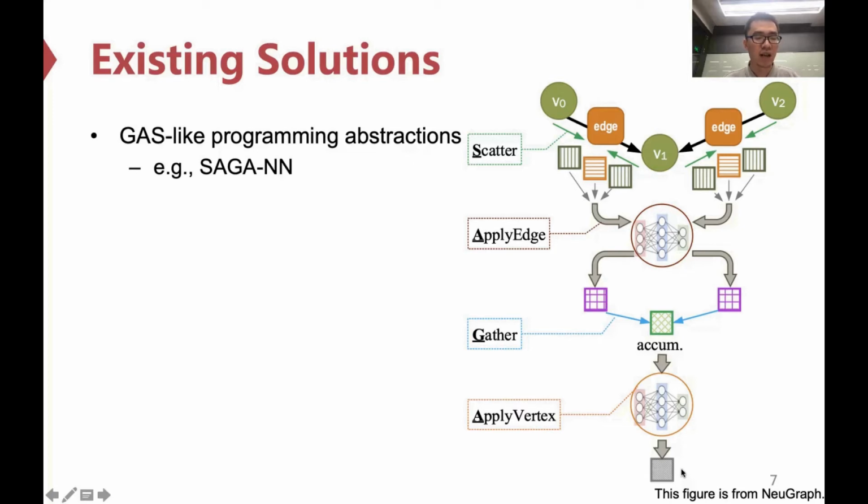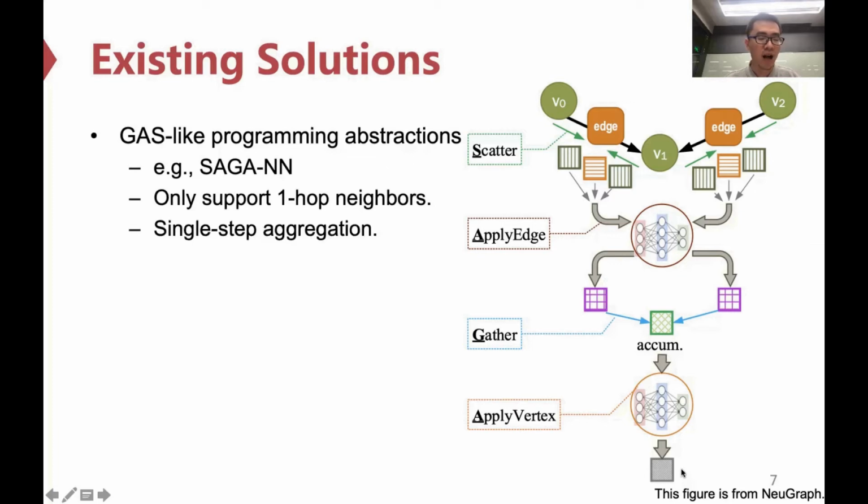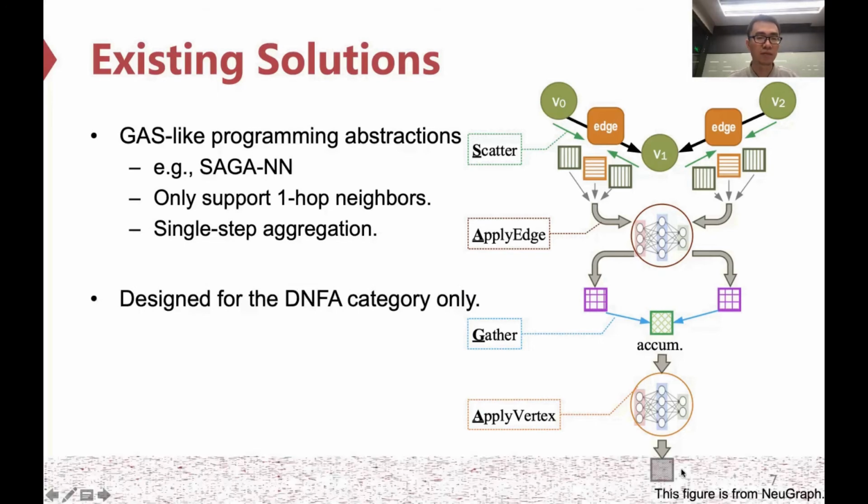Then, each vertex combines its neighborhood feature and its own old feature to compute its updated vertex feature. In SAGA-NN, each vertex computes its feature by combining the features of its one-hop labels in a flat manner. It's hard to express INFA and INHA models using SAGA-NN.